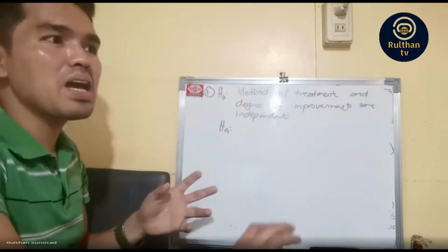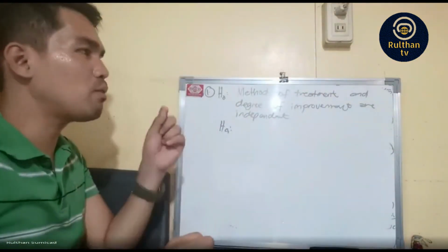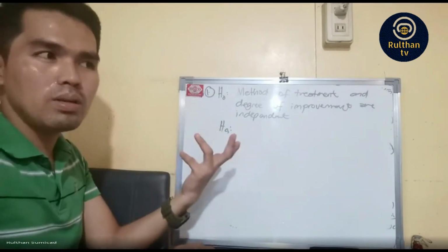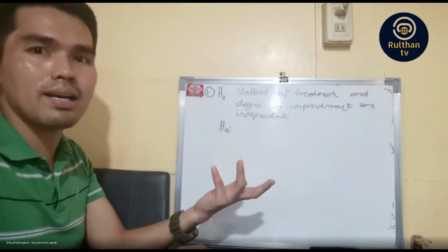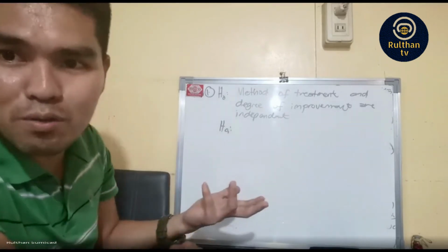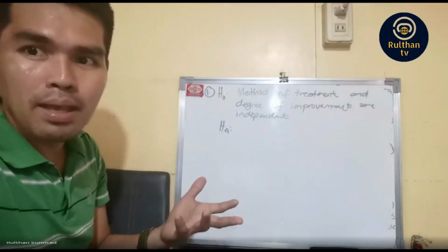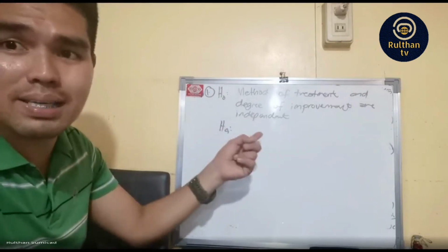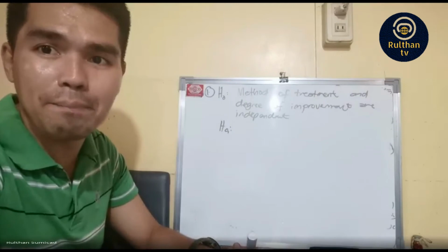Meaning to say, the more treatment that you take, the tendency is that you either become improved or have a worsened schizophrenic condition, or no changes at all. Okay? Why does the hypothesis happen to be this one? Because this is based on the situation of the problem.